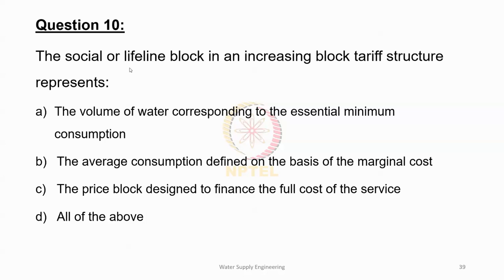So we have seen this earlier when I was explaining the increasing block tariff structure. So what does social or lifeline block represent? We have seen that increasing block tariff structure generally consists of three blocks. So in that, what does social or lifeline block represent?